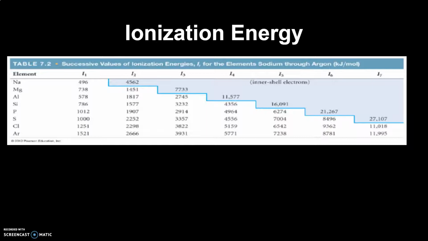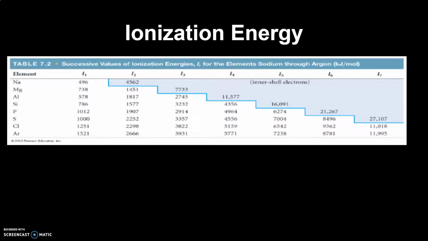What I really want to focus on, and this is one of the things that people struggle with, is moving from left to right. Why is this happening? First ionization energy is only 500-ish. Second ionization, it's like 10 times more. Why? I'm not going to answer yet.